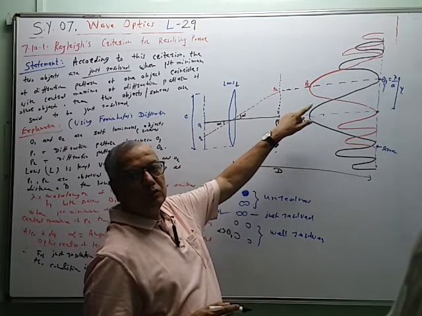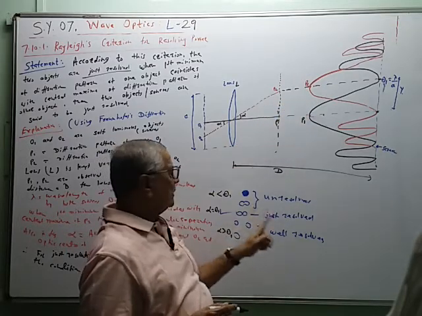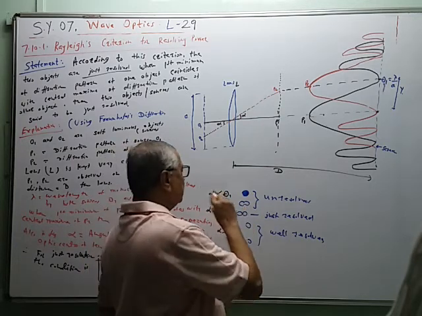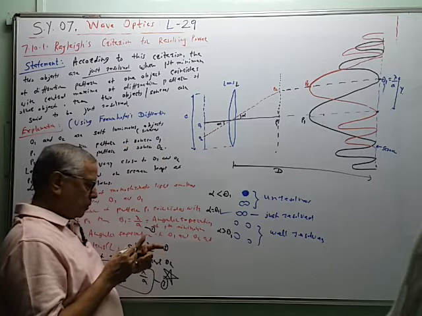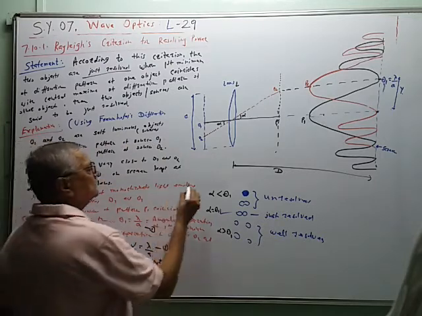So the central maxima of P1 and P2 will coincide with each other, and this is the unresolved case. So there are three cases of this equation. Let us see these three cases. Case number 1.